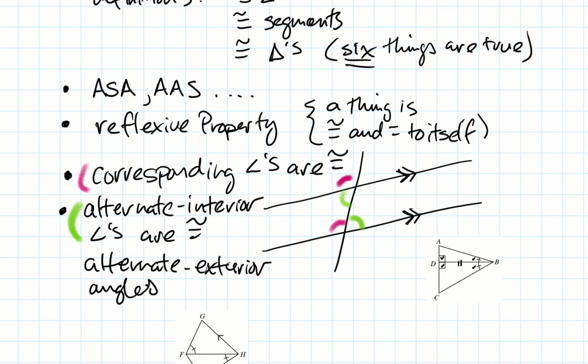Oh, so like I could say this orange angle right here and this orange angle right here, those are on alternating sides of the transversal, and they're outside of the parallel lines. Those alternate exterior angles are also congruent. So these are just some ideas, right?